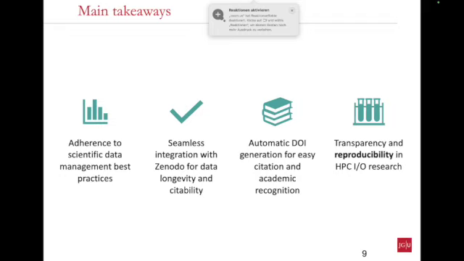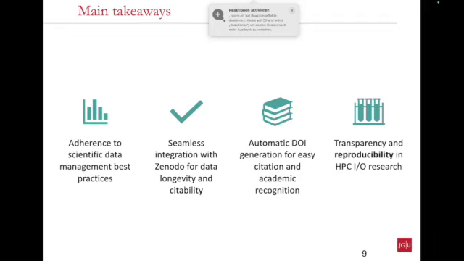And of course, we want to have as much transparency as we can, and also reproducibility in research in the area of HPC I/O, which is why having a container version, having a README, or having RSEs for our website and for our analysis tools is very important for us.